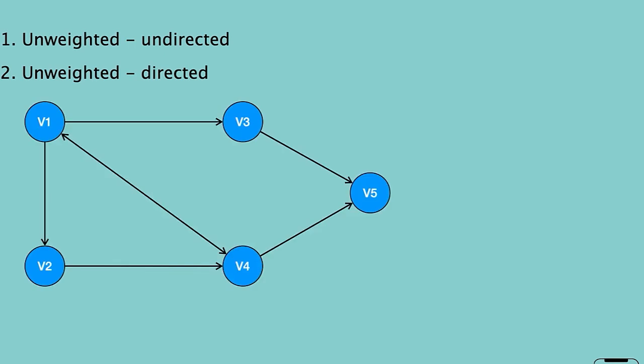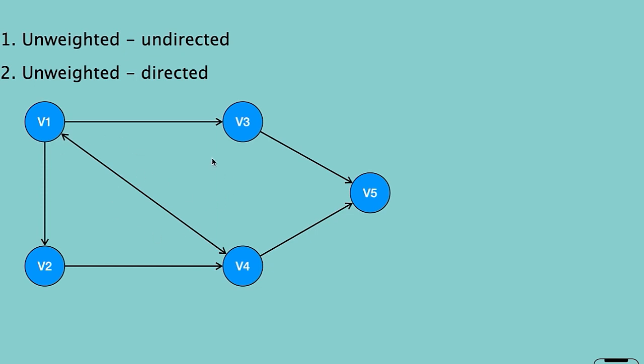Now the second type of graph is unweighted and directed graph. So in this case, we don't have any weight that is associated with the edge, but we have direction specified for the edge. It means that we can travel from V1 to V2, but we cannot come back from V2 to V1 because this is one-way traffic. So here you see that this arrow specifies that we can only travel from V1 to V2. And similarly, we can travel from V2 to V4, but we cannot come back from V4 to V2.